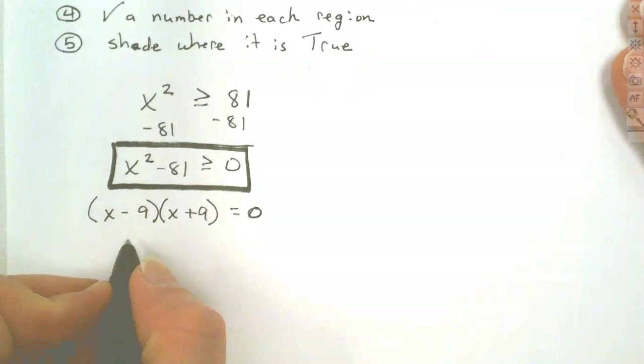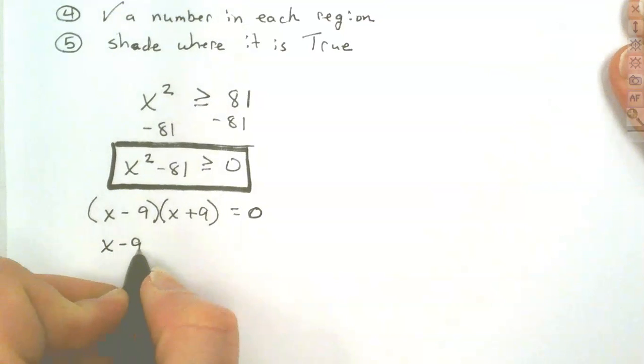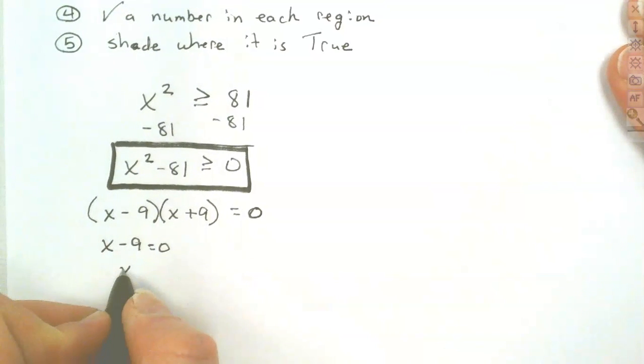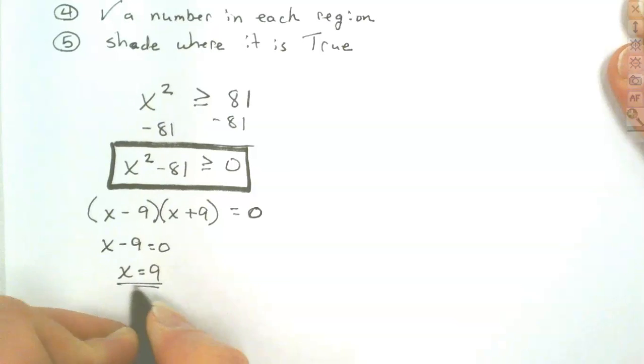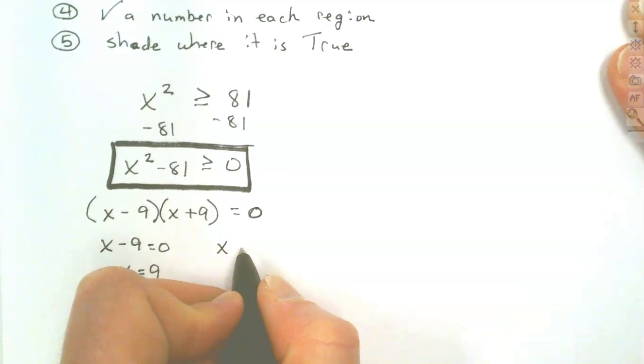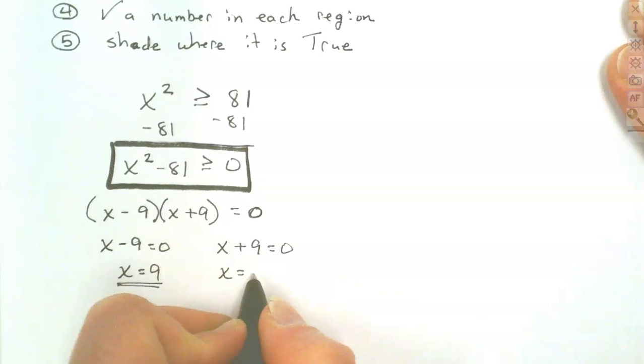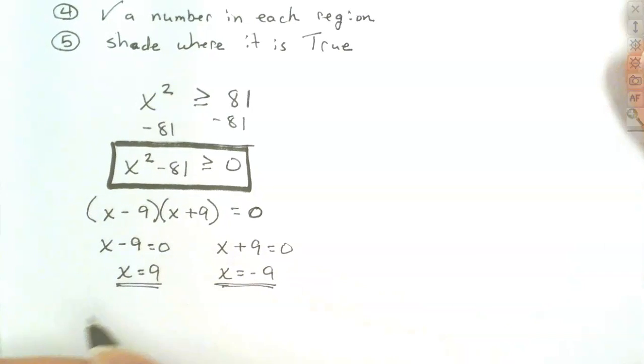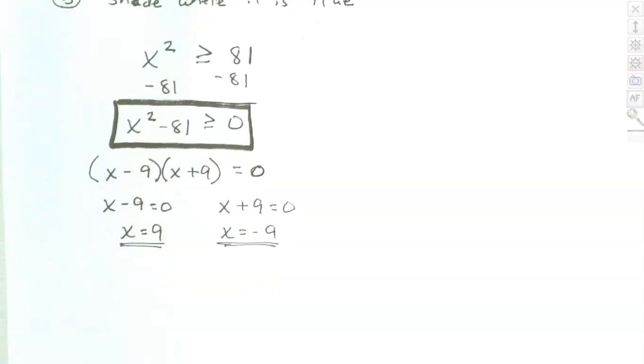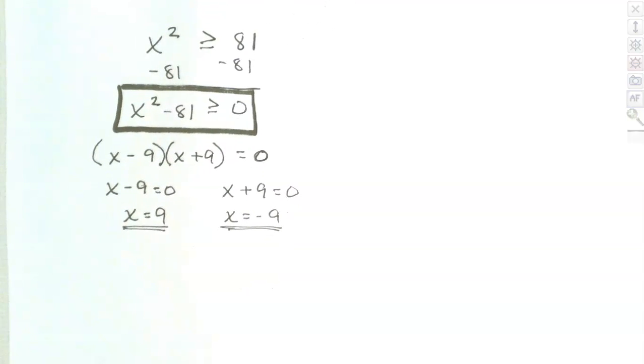These are critical points. x minus 9 equals 0, so x equals 9. x plus 9 equals 0, so x equals negative 9. So it's just like what we've done before. We just have to add on a couple of extra steps because this is an inequality.